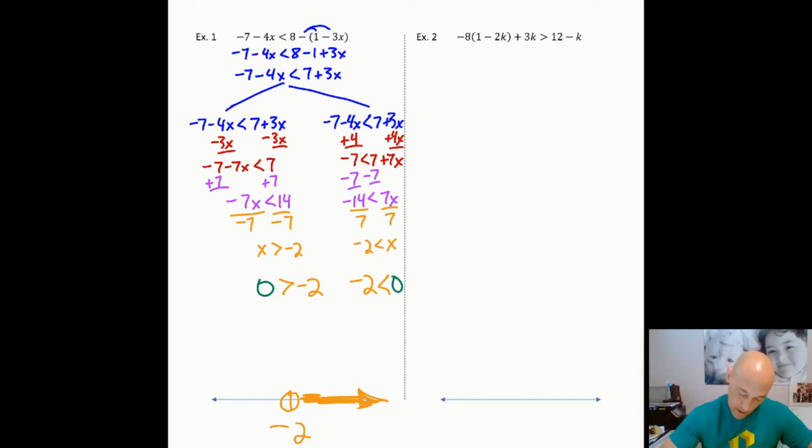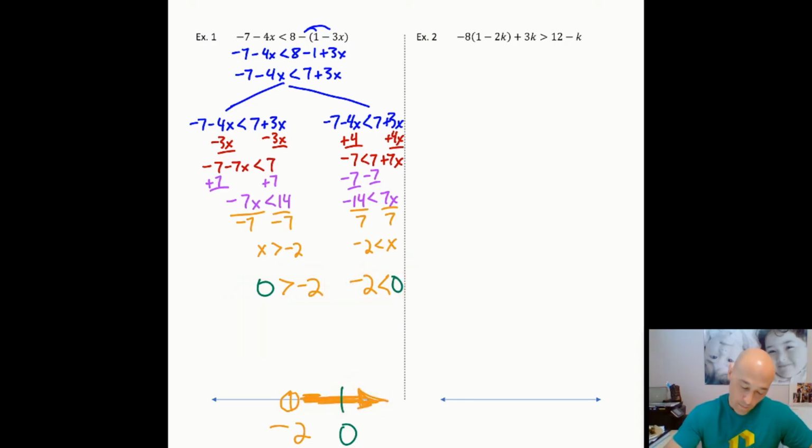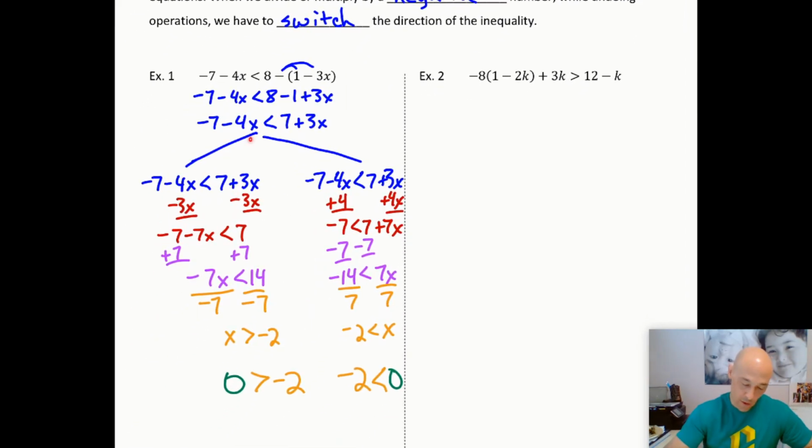Here's 0 over to the right of negative 2. This is true. Those are true. So 0 here should be shaded. If you were solving, you could do either one of these two paths. It doesn't matter which.